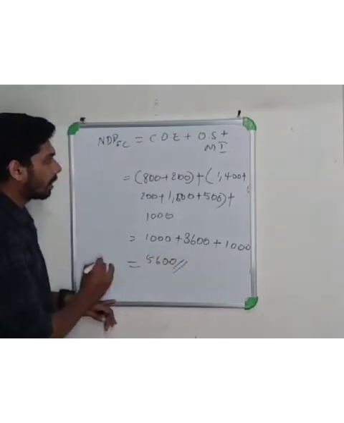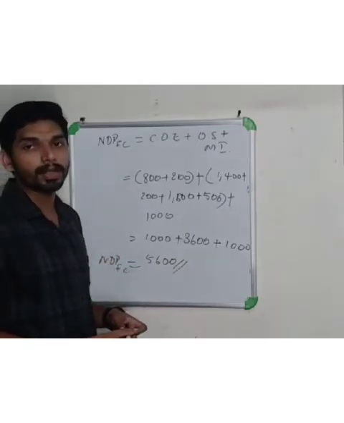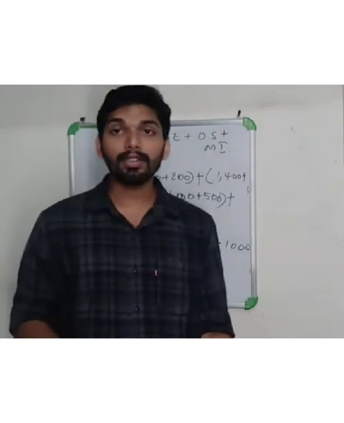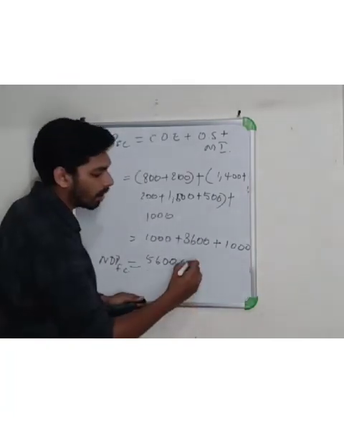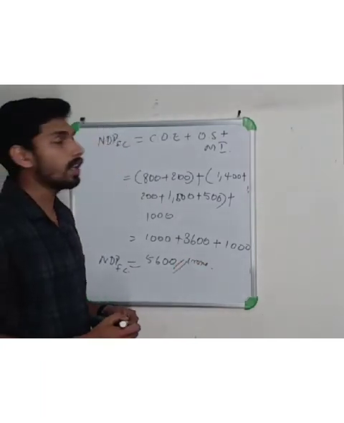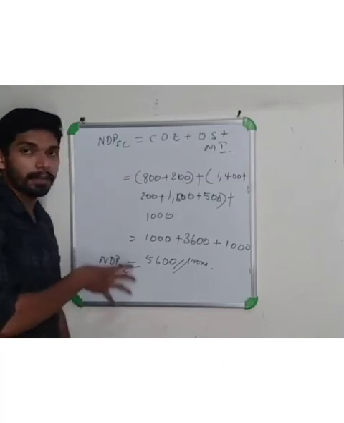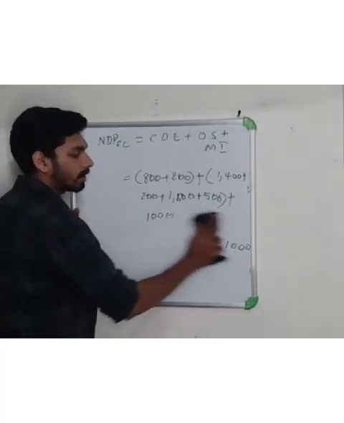Okay, this is the net domestic product at the factor cost, rupees 5600 crore. This is what is meant by NDP at the factor cost. So this is one of the examples.